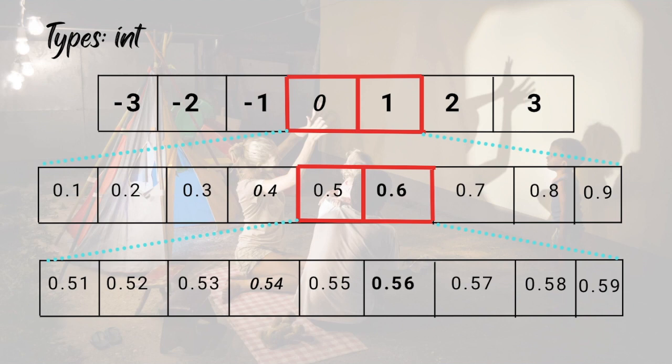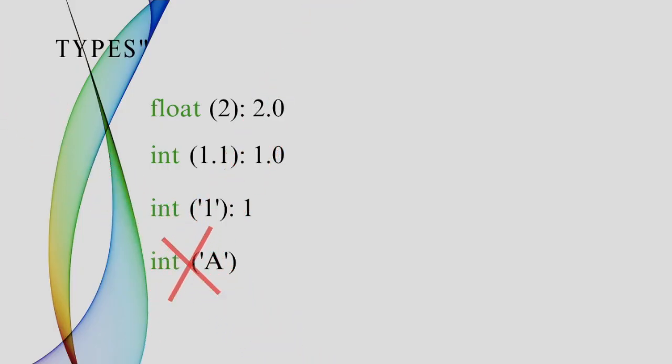You can change the type of an expression in Python. This is called casting. You can convert an int to a float. For example, you can convert or cast the int 2 to a float 2.0. Nothing really changed.